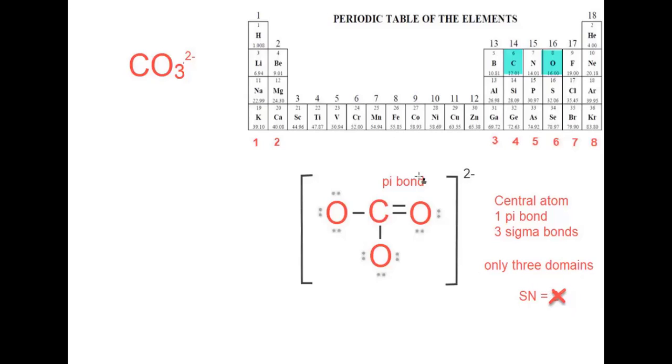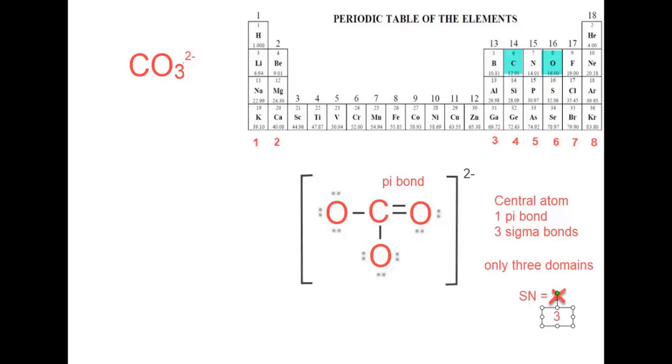This isn't 2. This is going to be 3. Our steric number is 3 because we have 1, 2, 3 sigma bonds. We only count unshared pairs of electrons and sigma bonds for our steric number. There really are only 3 things around our central atom. That's our steric number of 3, and that's going to be important for our shape of our molecules later on.